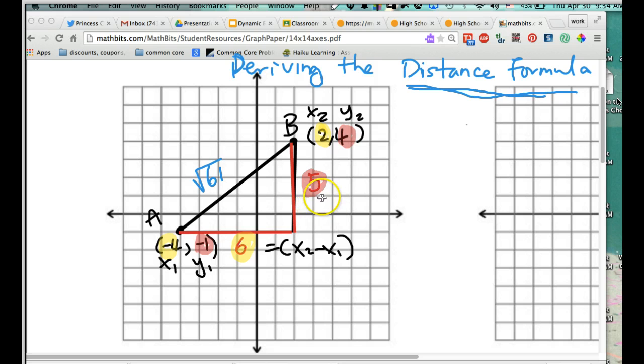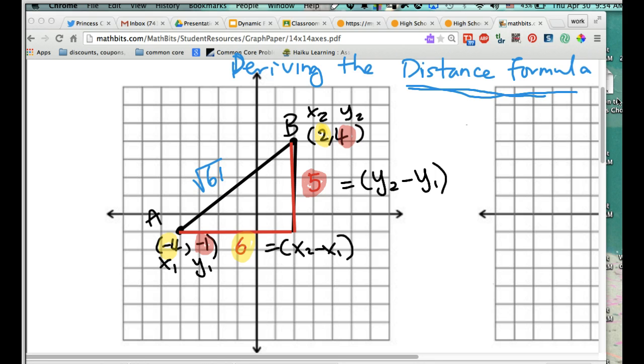So what is the other option, guys? Yes, you had to do the same thing. Good job. You had to subtract, right? So 4 minus negative 1 is positive 5. So how did I get that? That would be y sub 2 minus y sub 1.